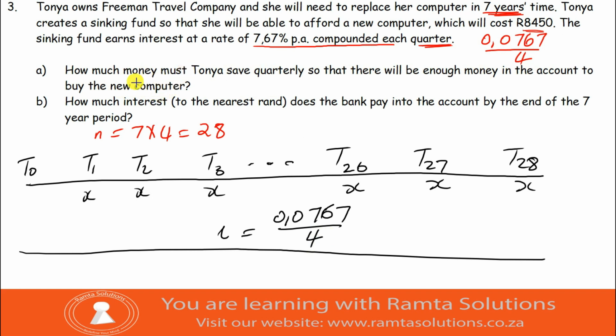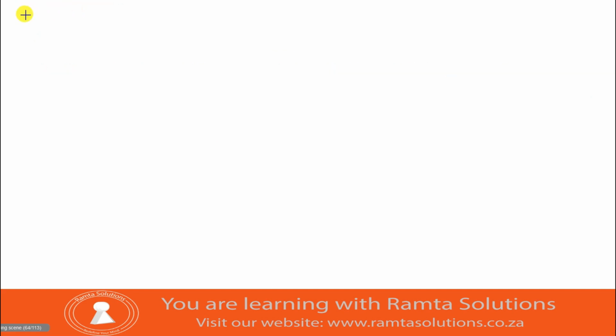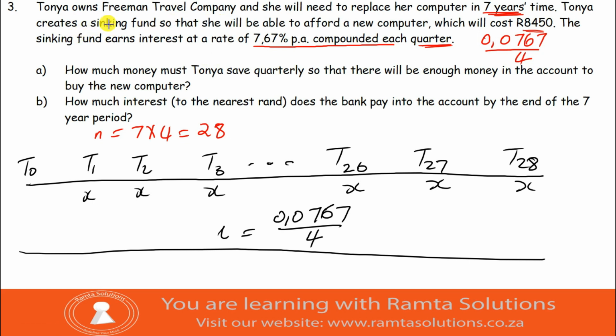So this question is interesting. Listen to this. How much money must she save quarterly so that there will be enough money in the account? This means we are calculating X. Before that, let's look at it. Remember, they say that she will need to replace her computer in 7 years' time.